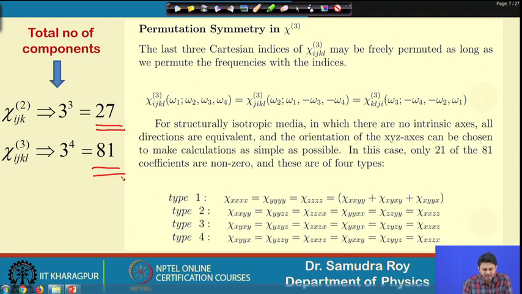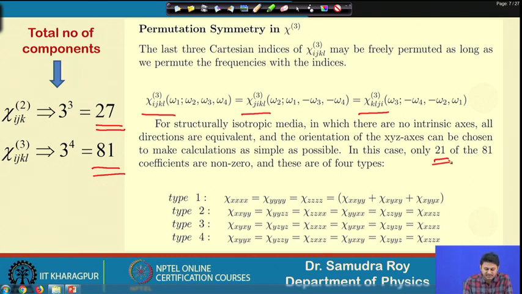Because of this permutation symmetry, the susceptibility IJKL should be equal to susceptibility JIKL, KJIL, KLJI and so on. And also for a specific isotropic system, these different terms, the 81 different terms, can be reduced to only 21 different terms, because they have some internal symmetry here.